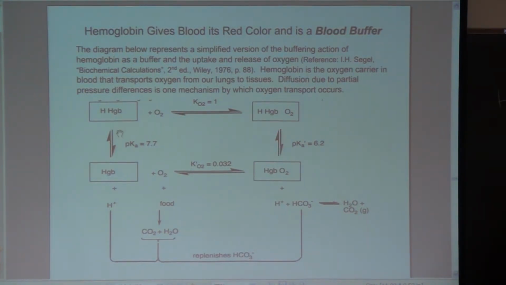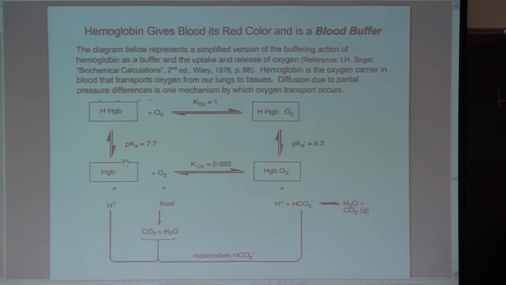There's oxygen in our lungs, which we inhale. What happens to the oxygen in our lungs? It's going to react with the hemoglobin. Which form of hemoglobin is in our lungs? The HHGB or the HGB?